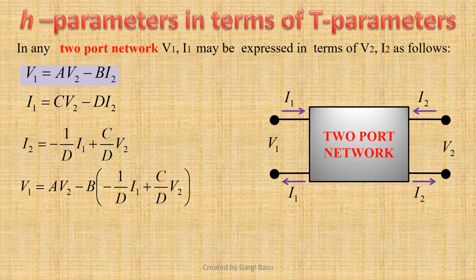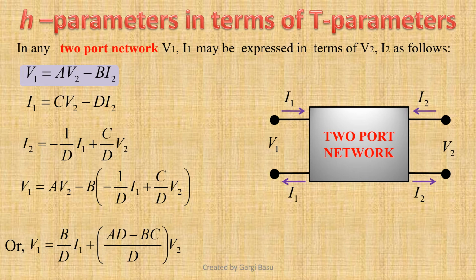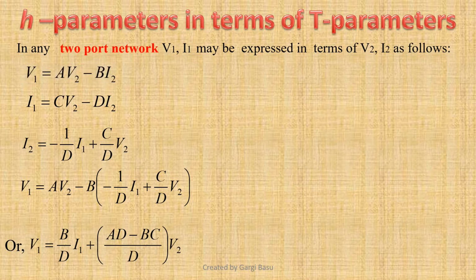Rearranging this equation, we get V1 equals B by D times I1 plus AD minus BC divided by D times V2.